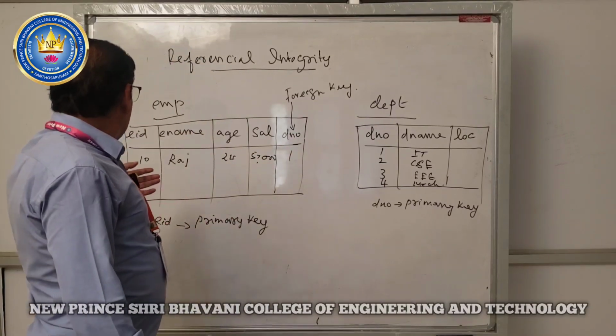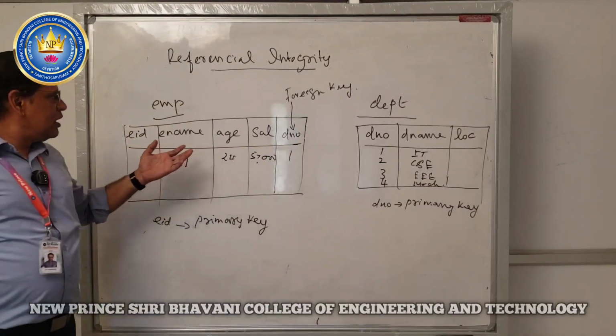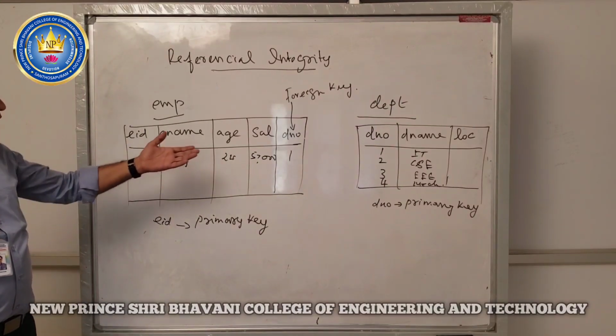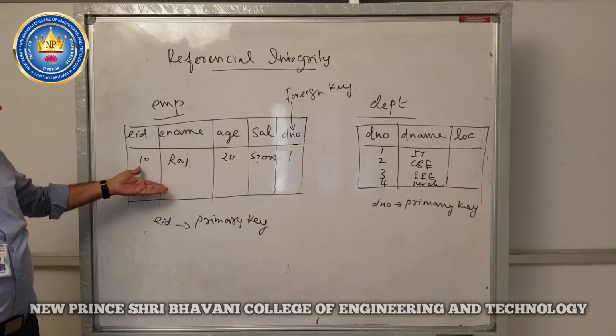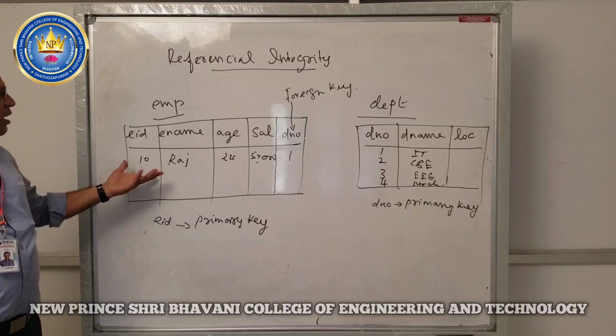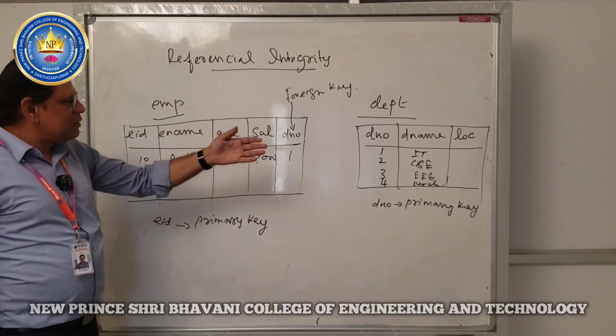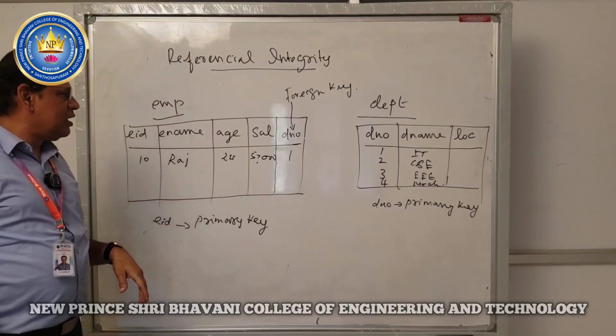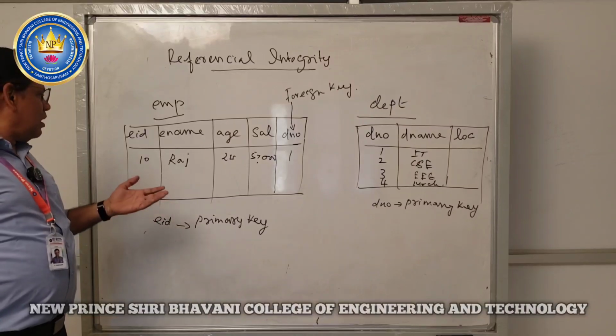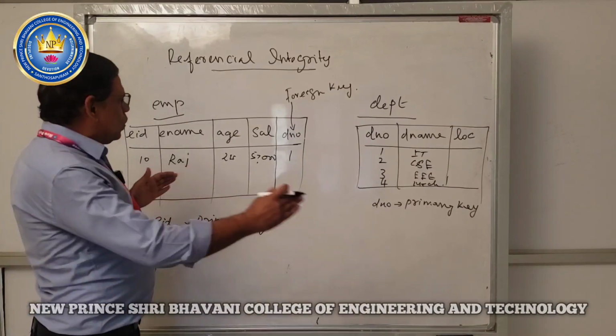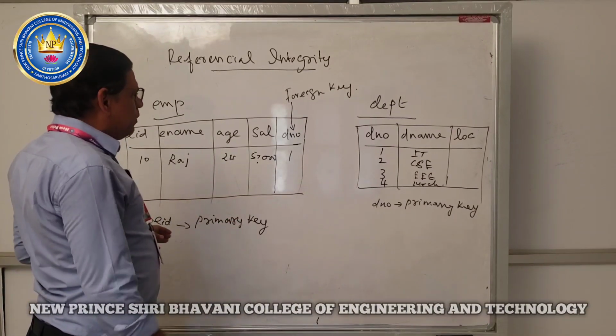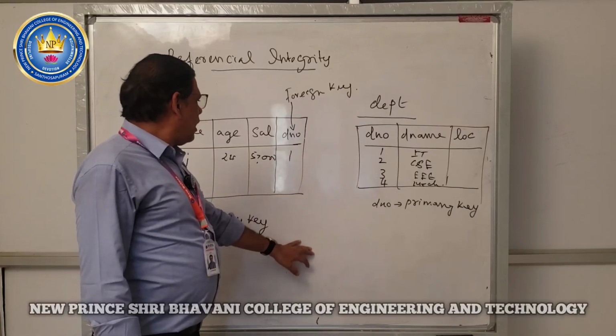In the employee table, there is a possibility of 20-30 faculties working in the IT department, and possibly 50 faculties in CSE. If you separate these into two tables, this redundancy will be avoided.